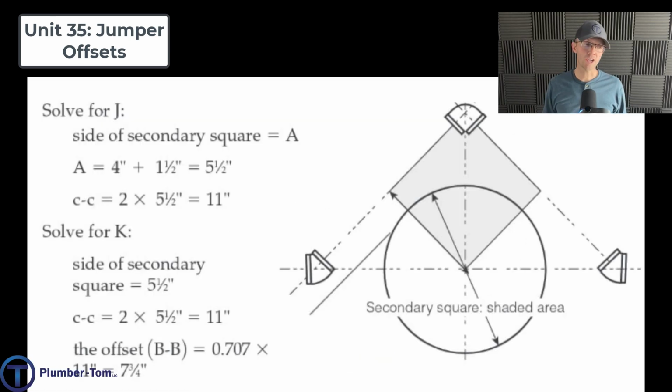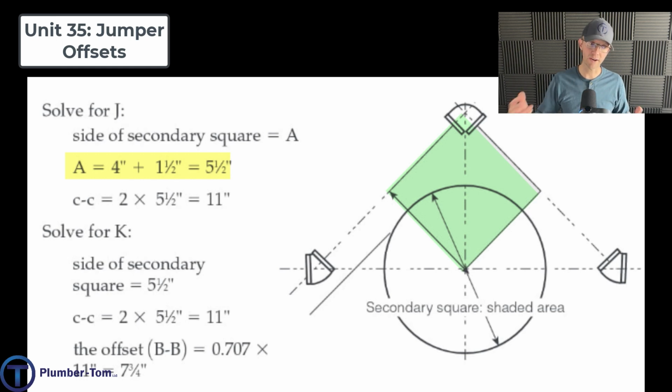Note on the illustration on page 134 that we now have a secondary square. This is a square that we've been able to create geometrically from these different sides and angles that we're looking at. One of those sides we just figured out. You see it here, A equals 4. That's the radius plus the distance to center line.